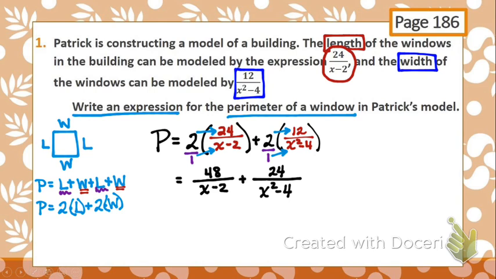Now that I've taken care of multiplying both fractions by 2, I can work on adding those two fractions together. Now what is it that I need to have? Now I need that common denominator. And you have a difference of 2 squares. It is a difference of 2 squares. That makes factoring it much easier.